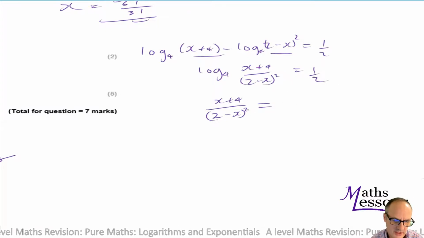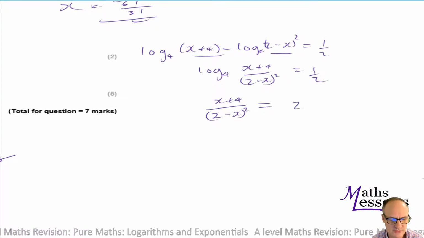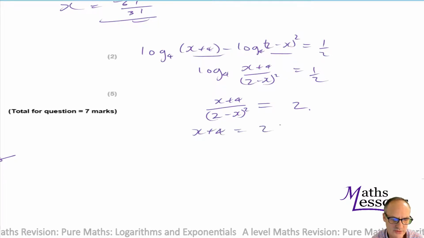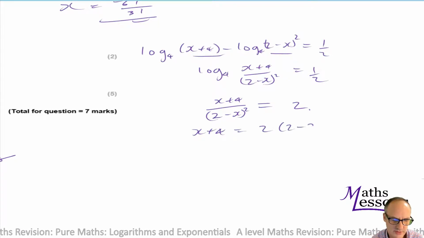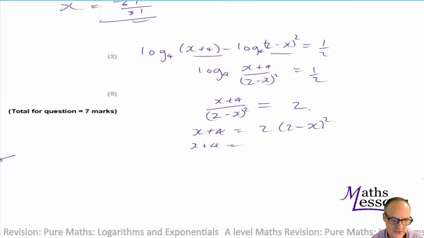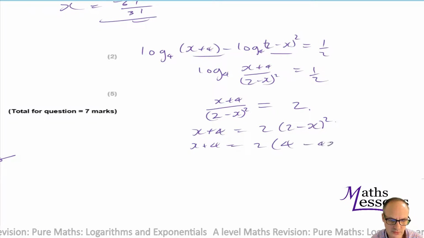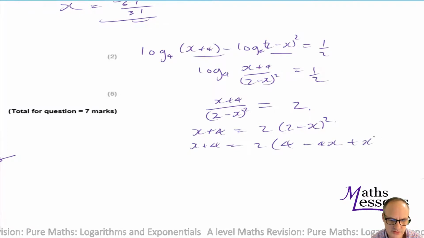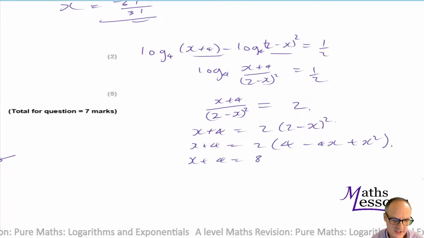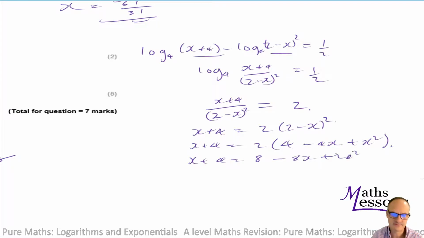So we've got a half. 4 to the power of a half is just equal to 2. So we get x plus 4 equals 2 open brackets, 2 minus x all squared. So we get x plus 4 will equal, let's multiply this out, 4 minus 4x plus x squared. So we get x plus 4 equals 8 minus 8x plus 2x squared.